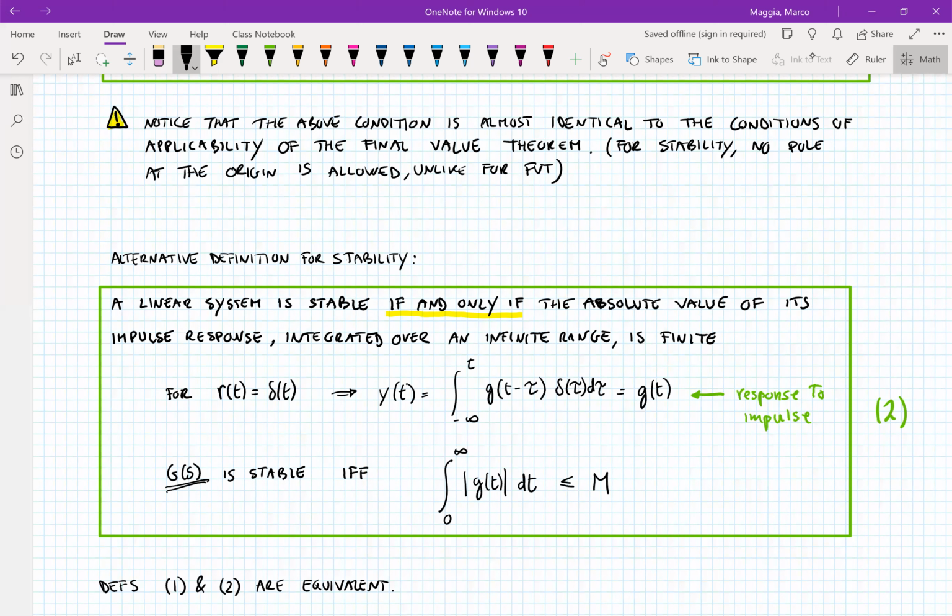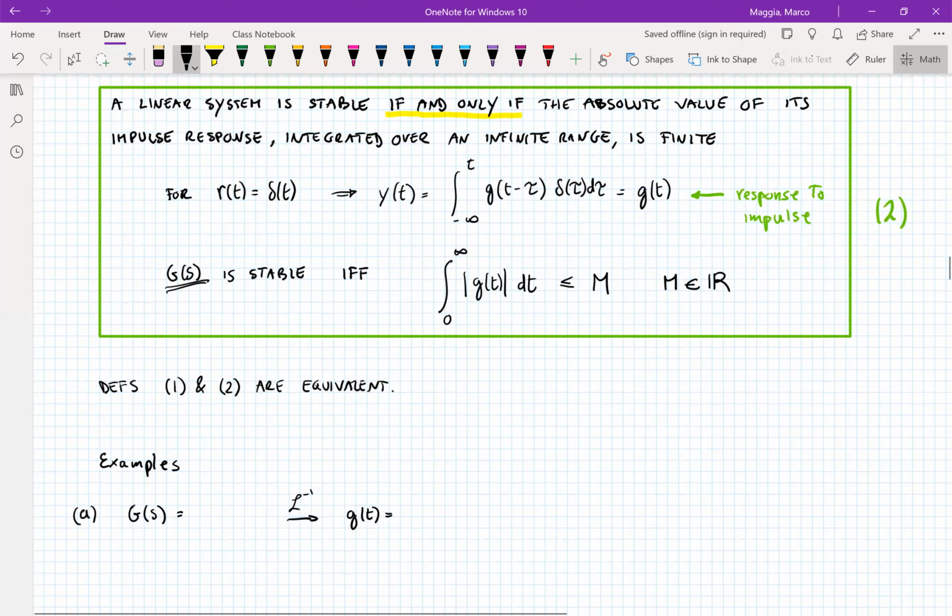So it has to be a finite integral. In this case, m is a real number. So you can either use definition 1 or 2. They are totally equivalent. Let's take a look at some examples.